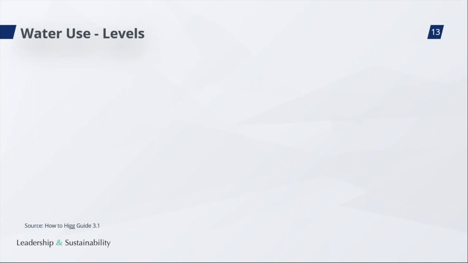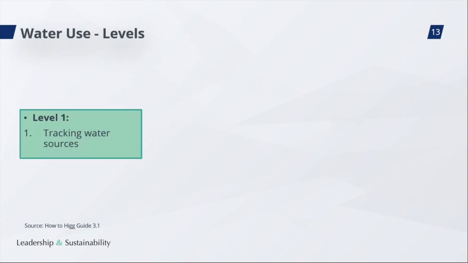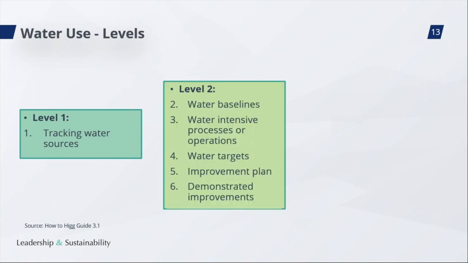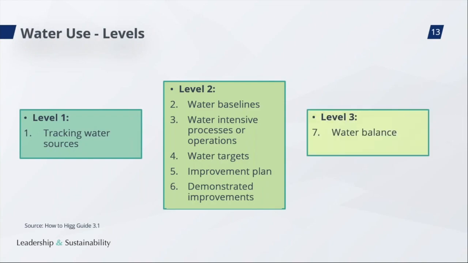And since every section consists of 3 levels that you can reach during your assessment, we will guide you now through the 3 water levels. For each level, there are allocated subtopics with corresponding questions. And in the water section, you can see there is only one question at level 1, and then we have several questions at level 2, and we have also one question at level 3.